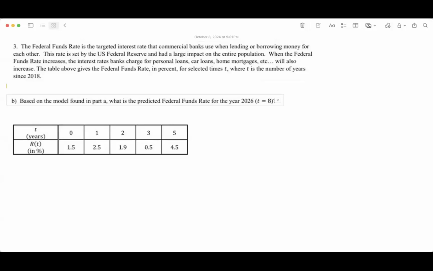Now I have the stats. I'm going to go to stat, list, calc. First of all, I can graph it and see. Okay, graph, I don't see anything. Maybe window I need to change.